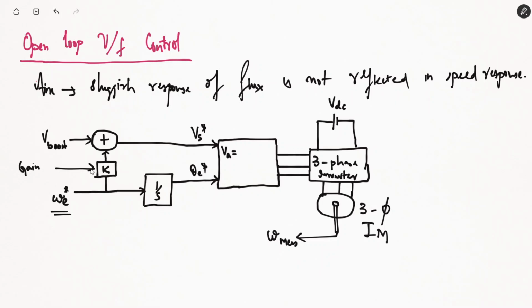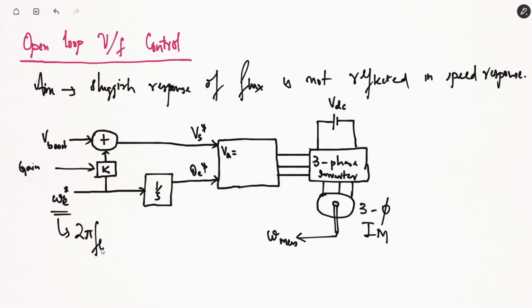Fine. So we are actually deriving the reference voltage output by the speed. Speed is nothing but 2 pi fe. Fine. Frequency. So we are giving the reference value of frequency, so the reference value of frequency is set.